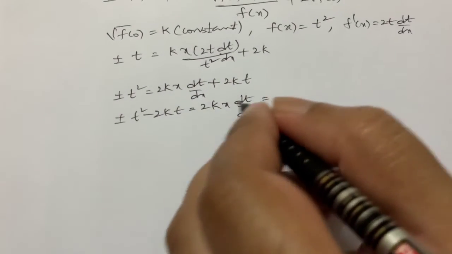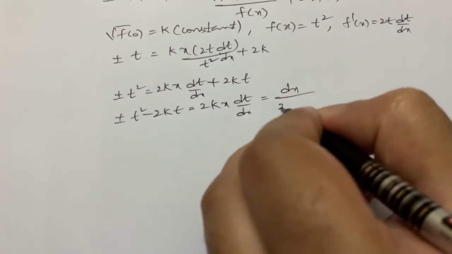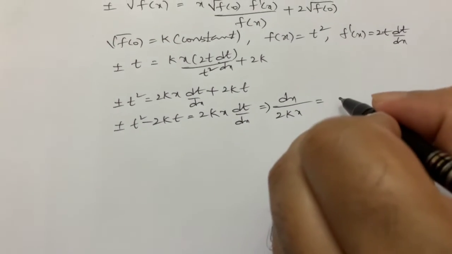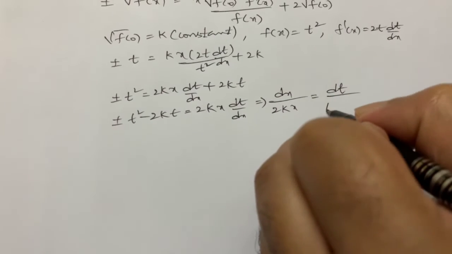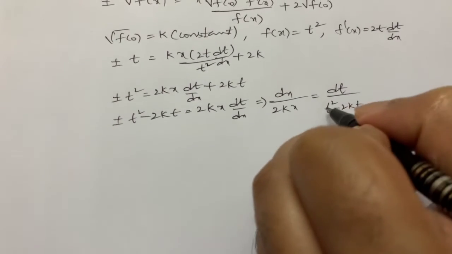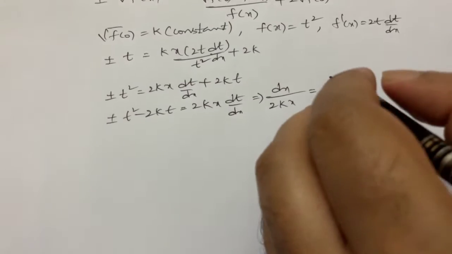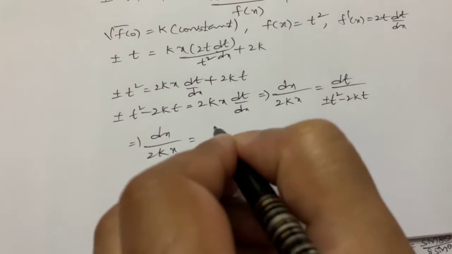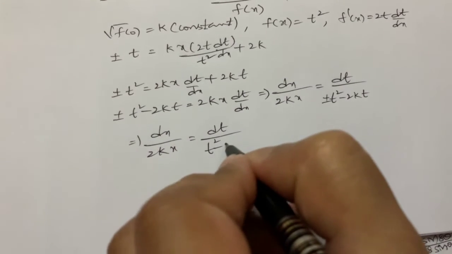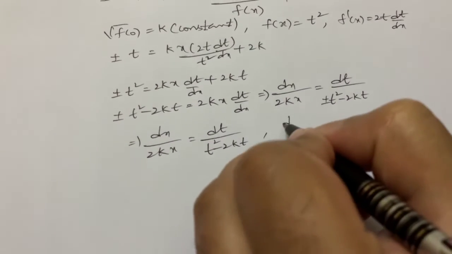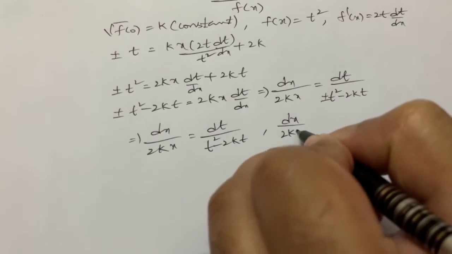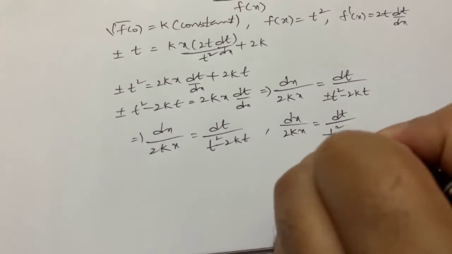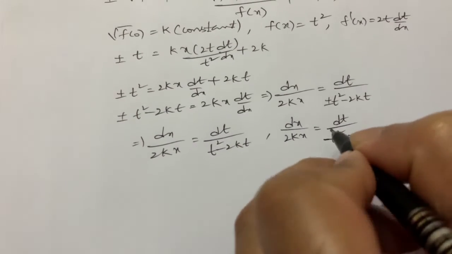So if I regroup the variables, dx/(2kx) = dt/(±t² − 2kt). So this is dx/(2kx) = dt/(t² − 2kt), and the other differential equation will be dx/(2kx) = dt/(−t² − 2kt).